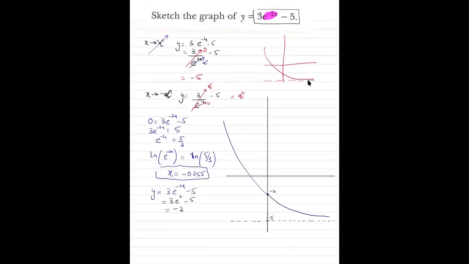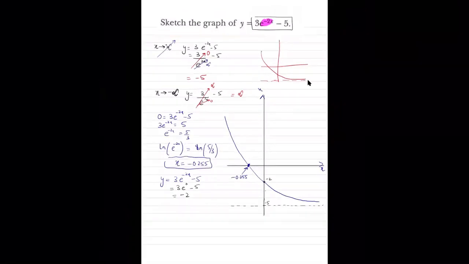It needs to be a freehand sketch, and I know very well this point now. This is going to be -0.255. Okay, so that is going to be the sketch. So this is how in the exam you are going to sketch. Let me know when you're done.